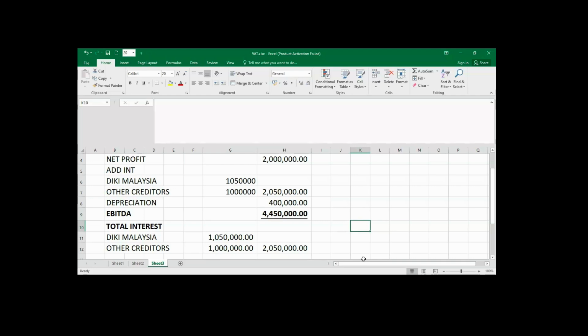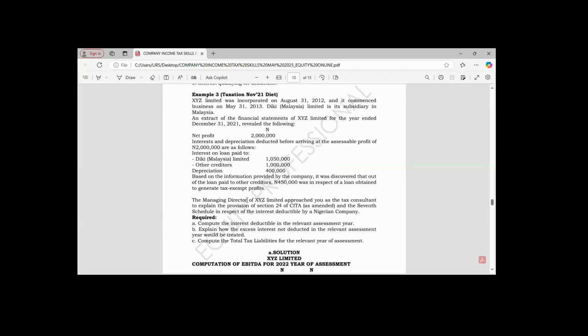Let me go to the question and point it out. We are told that based on the information provided, it was discovered that out of the loan paid to other creditors, 450 was in respect of a loan obtained to generate tax-exempt profit.